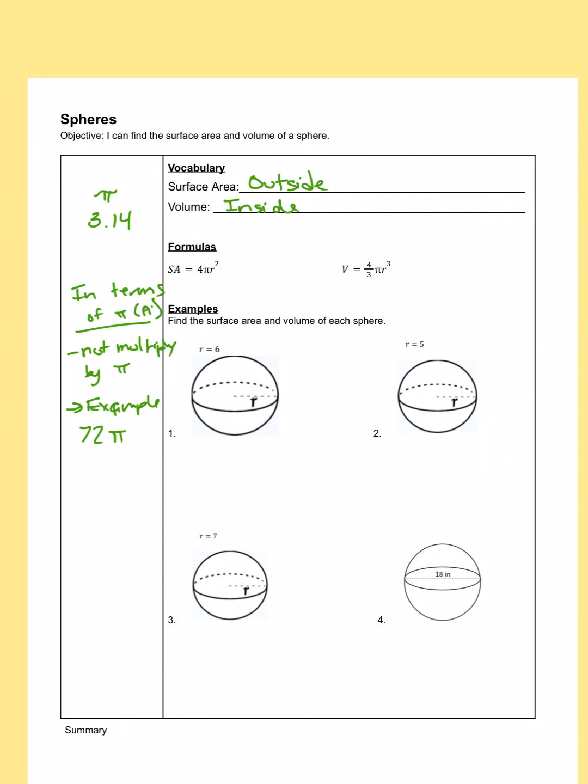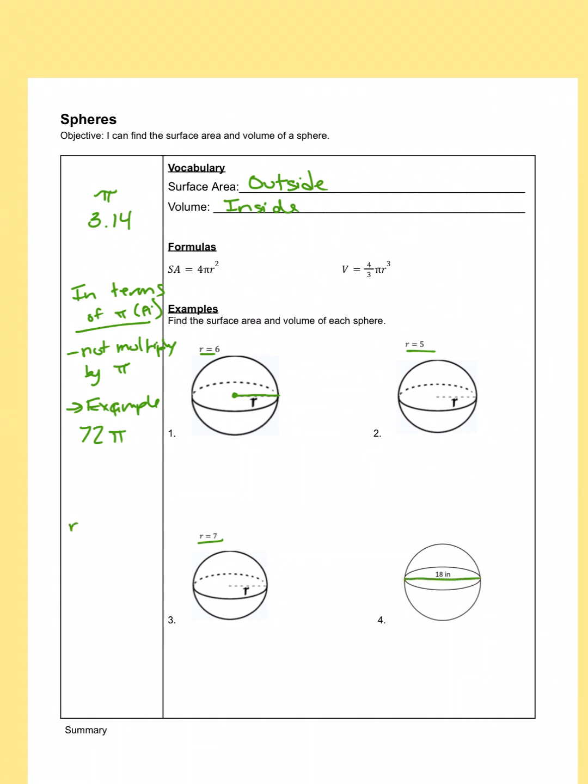So let's start looking at our examples. For numbers 1, 2, and 3, it gives us the radius of all these. And radius is going to go from the center of a sphere out to the side. In number 4, if we look at it, it gives us the diameter. That means it goes all the way across.